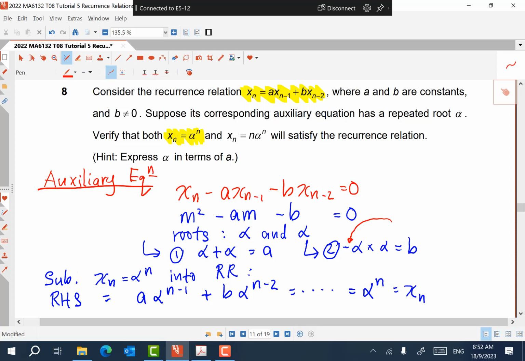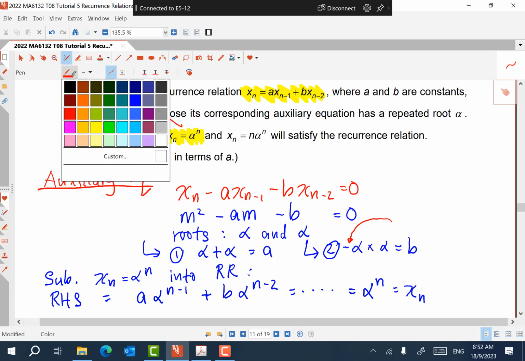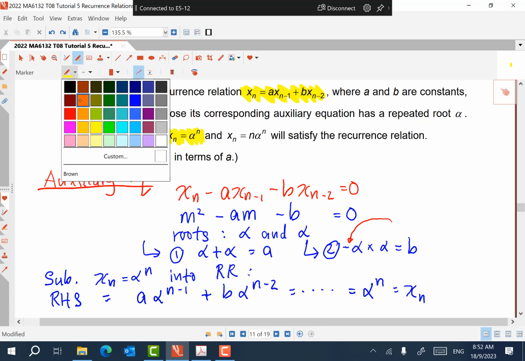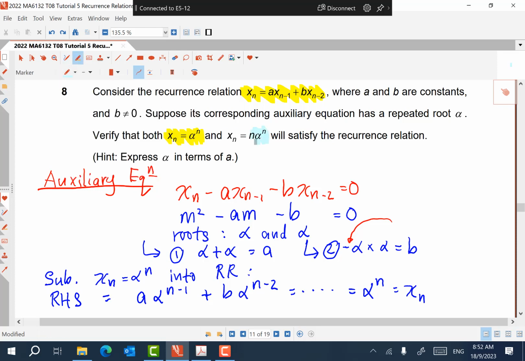Okay, now that you have proven that this is true, you also want to show that it's true for this as well. Go through the same motion. Start with the right hand side and show that in the end you get alpha to the power of n.